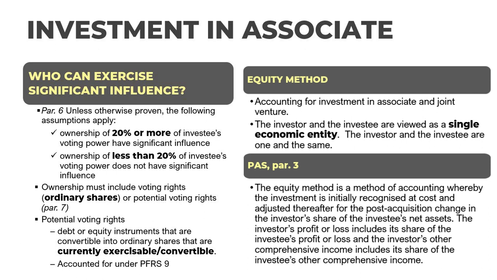So, yung ibig sabihin ng last paragraph kanina na ang entity daw may still lose significant influence even with or without a change daw in the relative ownership. Ibig sabihin lang nun, kung example, meron kang 30% ownership, pwede mo pa rin mawala yung significant influence kung wala ka ng power to participate. So, pagka ganoon, pwede mong masabing nawala ang iyong significant influence even without a change in your percentage of ownership.